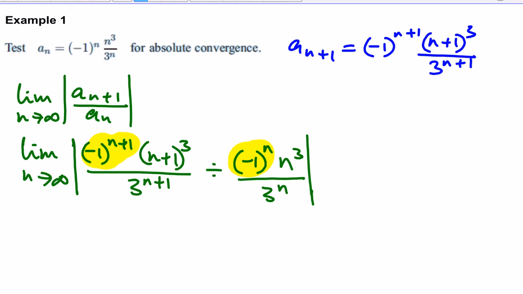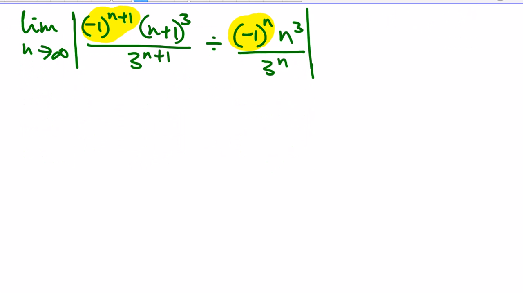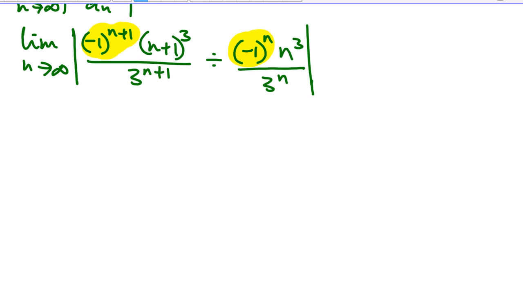So you can just ignore that. You don't even have to write it, because you're taking the absolute value of these. So we can rewrite this expression, ignoring the negative 1 powers. So I'll have limit as n approaches infinity of absolute value.